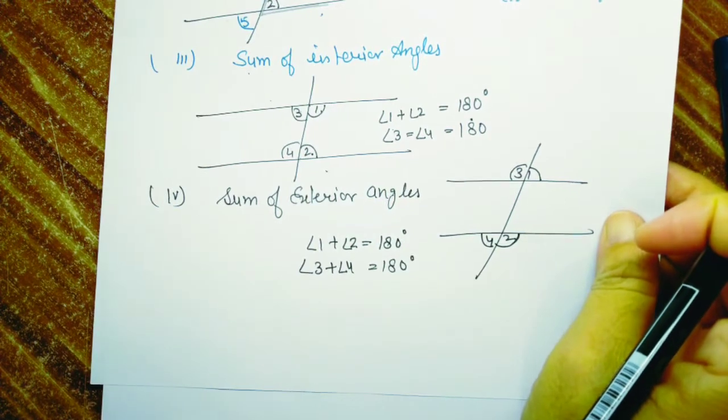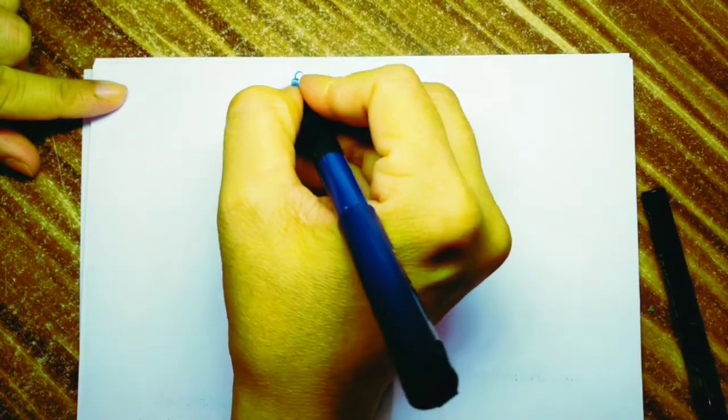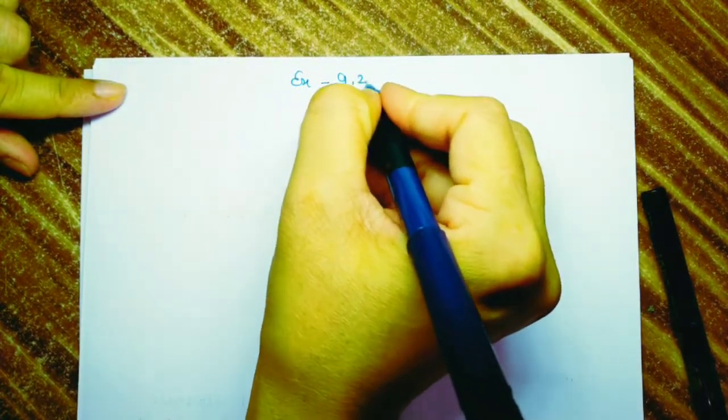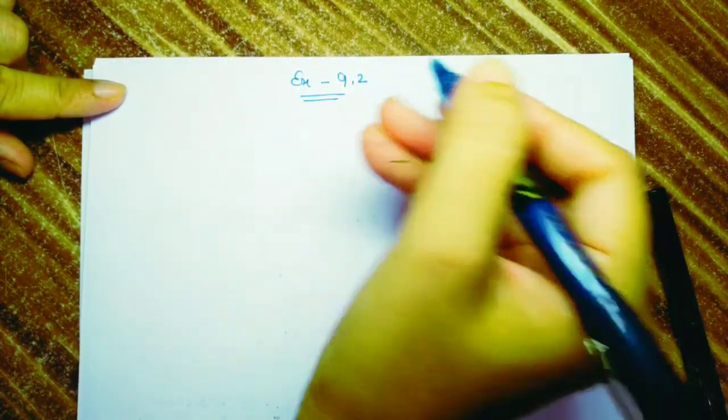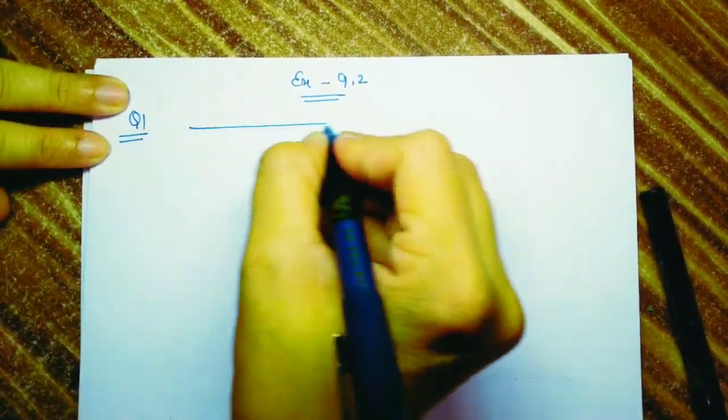Okay students, now let's start our exercise 9.2 that we are going to solve on the basis of this discussion. Exercise 9.2. The first question they have given, AB and CD are two line segments. According to the question, I am going to draw the figure.